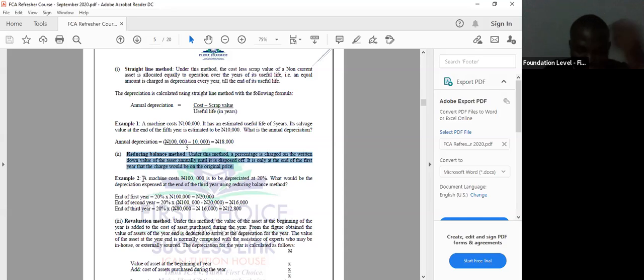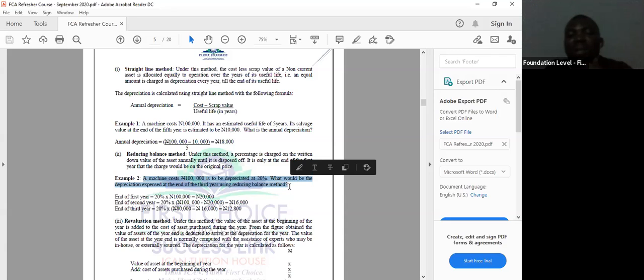So question two is that we are having a machine that costs 100,000 and is to be depreciated at 20%. What would be the depreciation expense at the end of the third year using the reducing balance method?